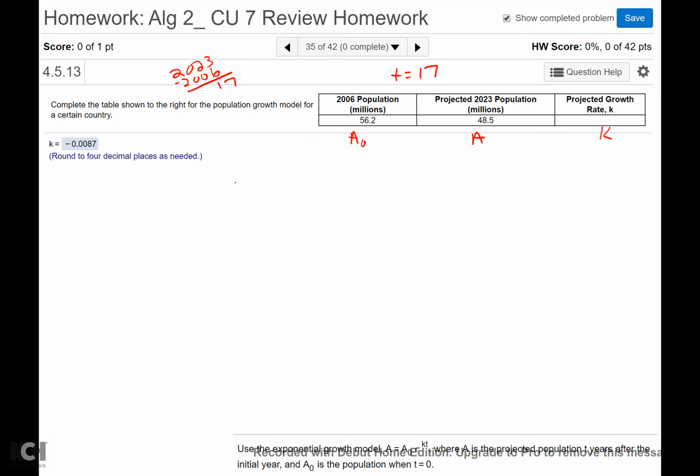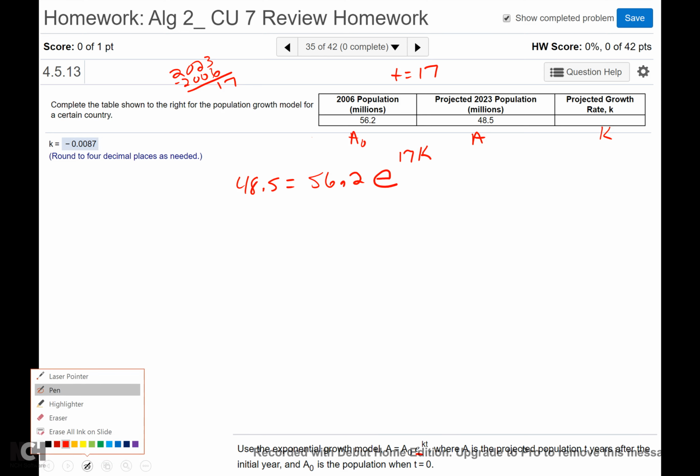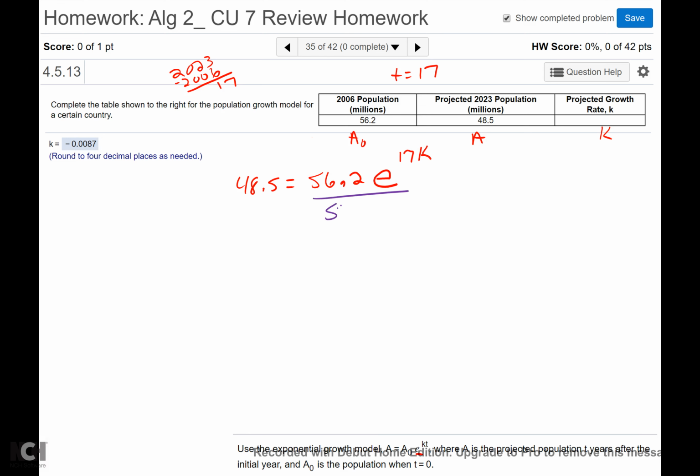So I would have 48.5 equals 56.2 e, which is what I forgot last time, to the k, which we don't know, t, which is 17k. Alright, so the first thing I'm going to do is isolate e, so I'm going to divide by 56.2.